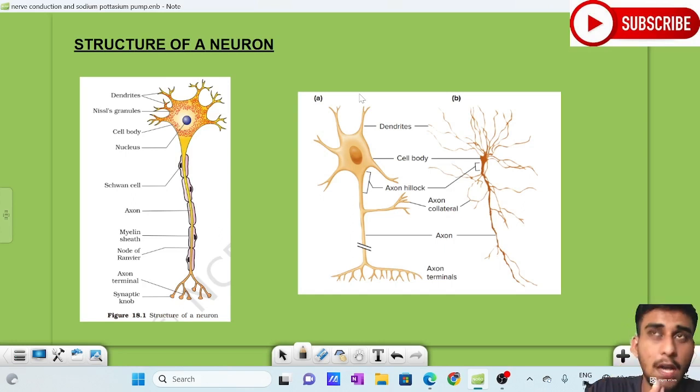So a nerve cell helps in the conduction of an electrical signal because nerve cells exist in a polarized condition. Nerve cells are electrically excitable. This is the important thing. Nerve cells are electrically excitable, which means they can transmit a signal when there is a change in an electric potential.